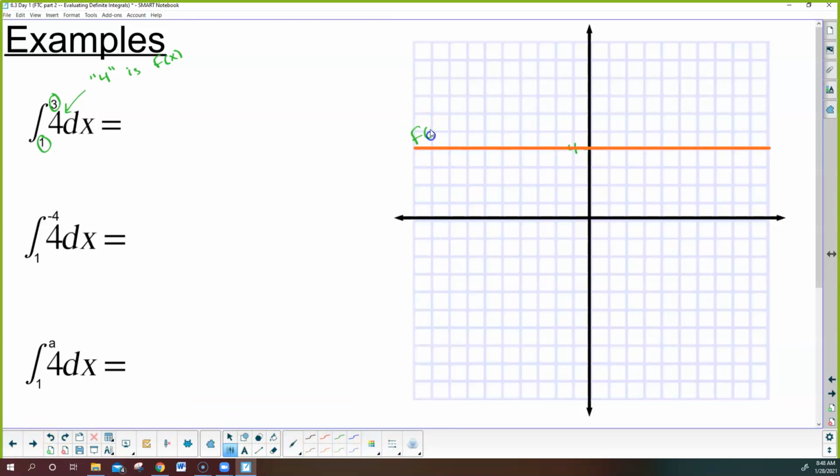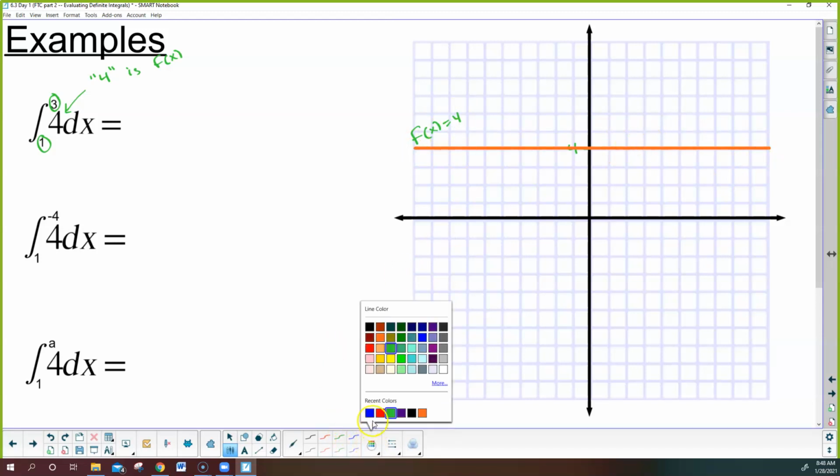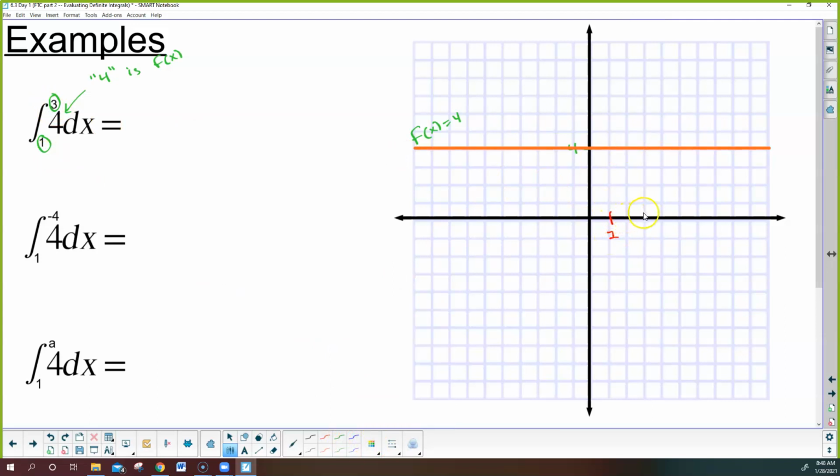Right? F of x is equal to 4. That's just a straight line. So if I asked you to go from 1 to 3, well, what you would do is go 1, 2, 3, and you would just find the area, right? Nothing crazy.